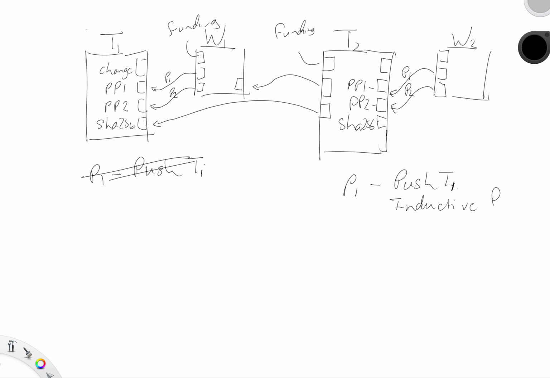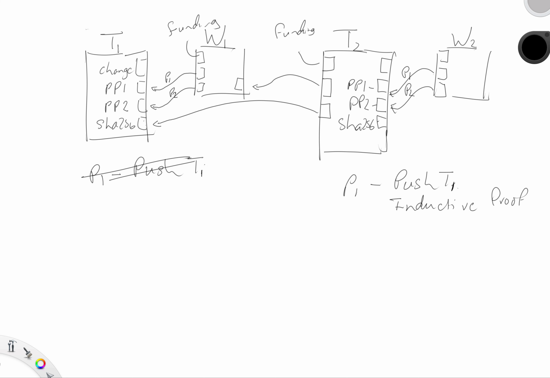If you don't know what an inductive proof is, you need to go and look at Xiaohui Liu's excellent article on the sCrypt Medium blog to learn about inductive proofs. I'm not going to cover it here in this talk. You just need to know what an inductive proof is, and if you don't, go learn about it.